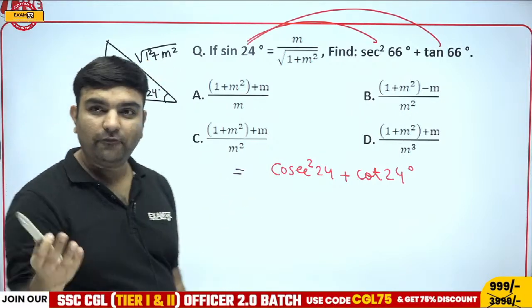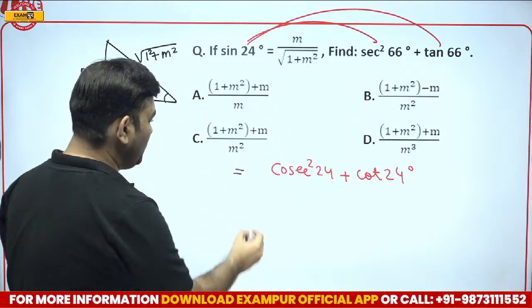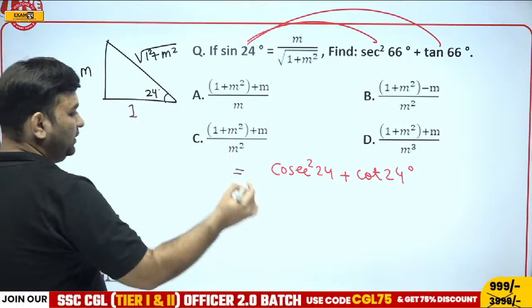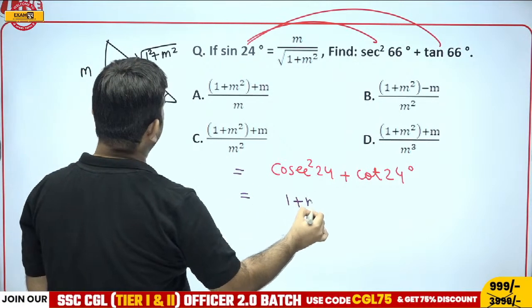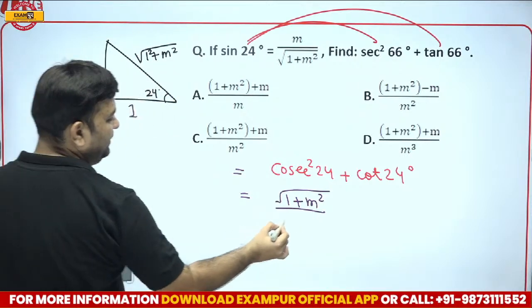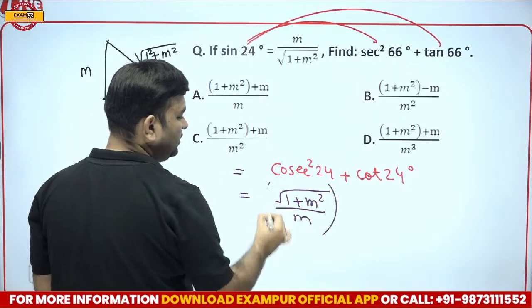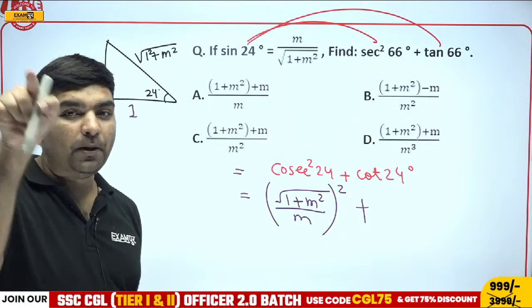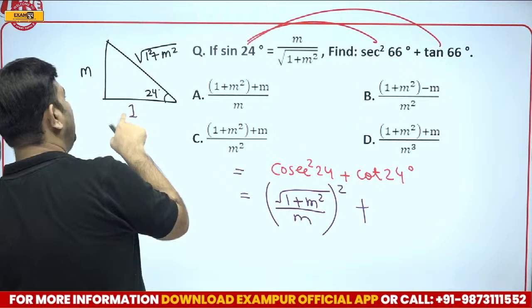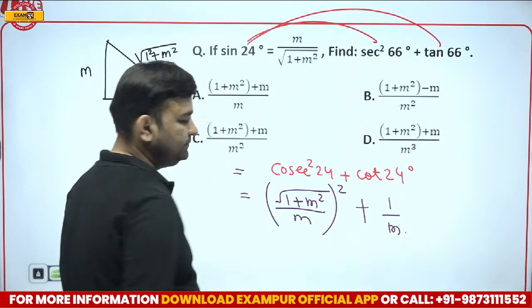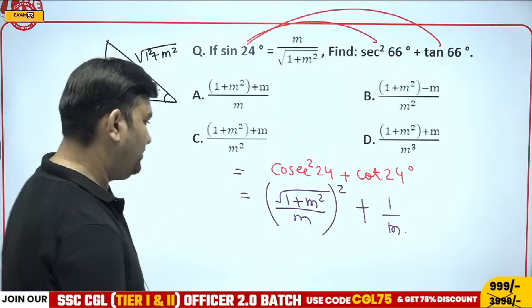Find out the answer. Cosec 24 is hypotenuse upon perpendicular, so under root of 1 plus m square upon m, whole square. Cot 24 is base upon perpendicular, so 1 over m.